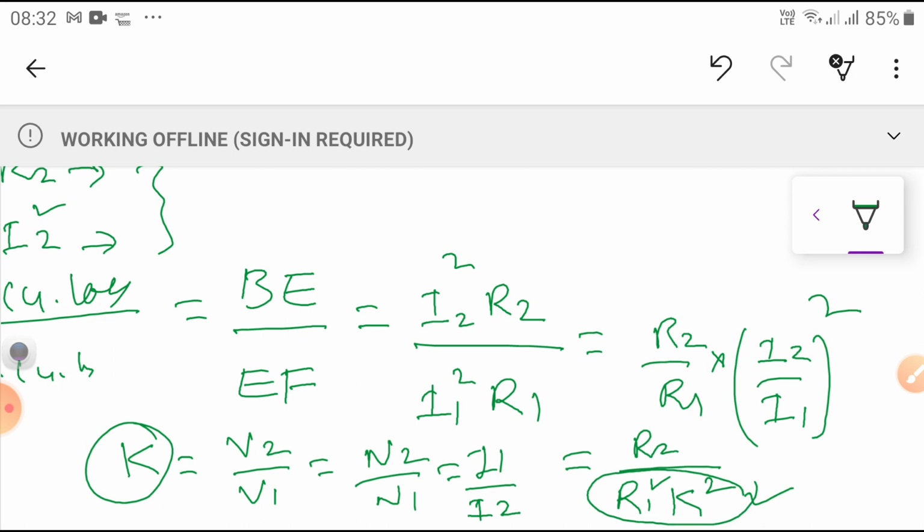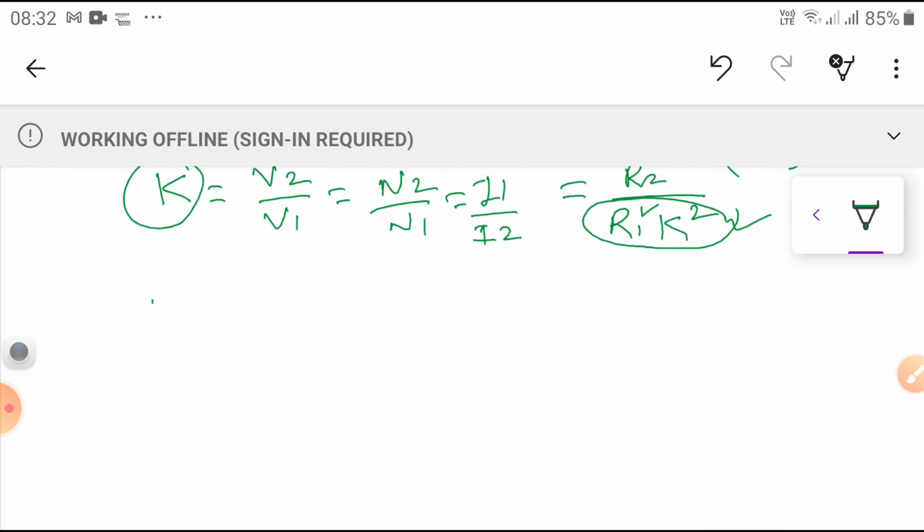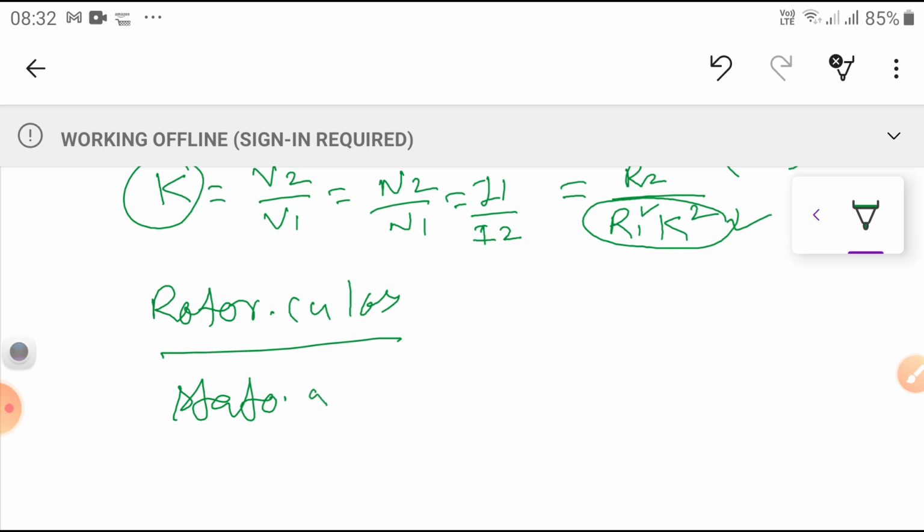So based on this, simply, what is the final? We can write rotor copper loss by stator copper loss is equal to R2 by K square R1, which you can write as BE by EF.